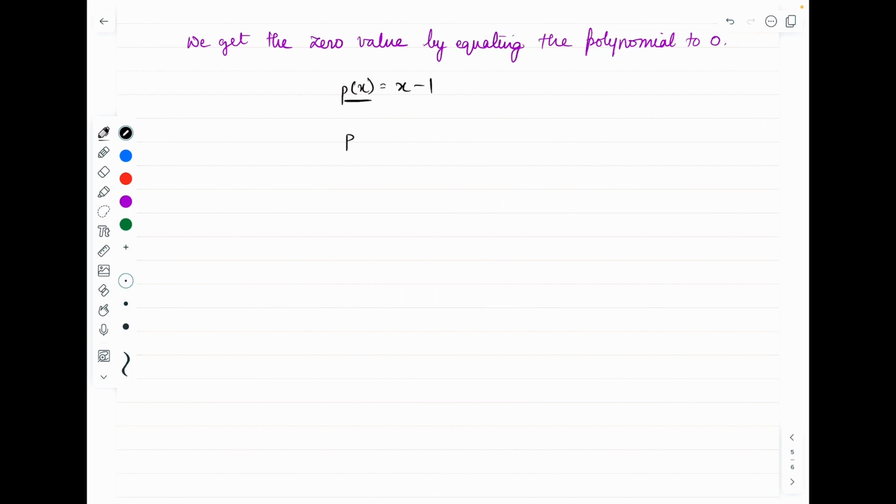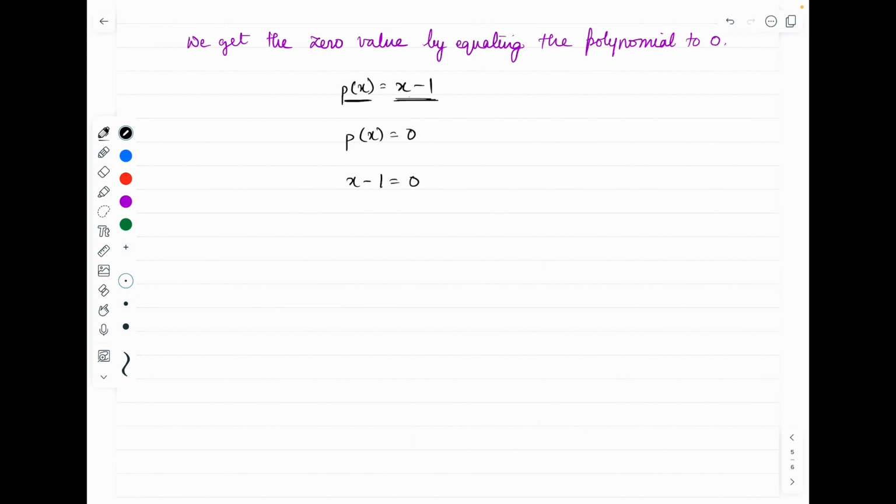So when the value of the polynomial becomes 0 means what? p of x equals 0, because p of x is the polynomial. p of x is x minus 1. So instead of p of x, we can write x minus 1 equals 0.